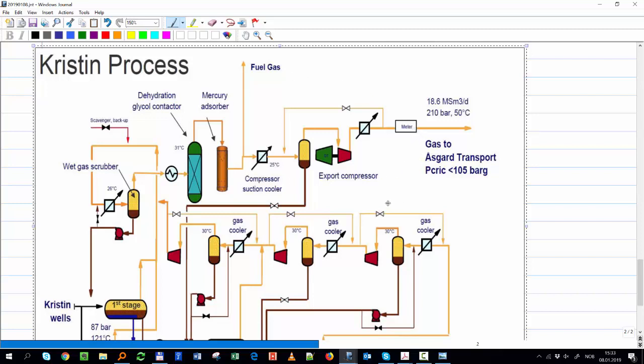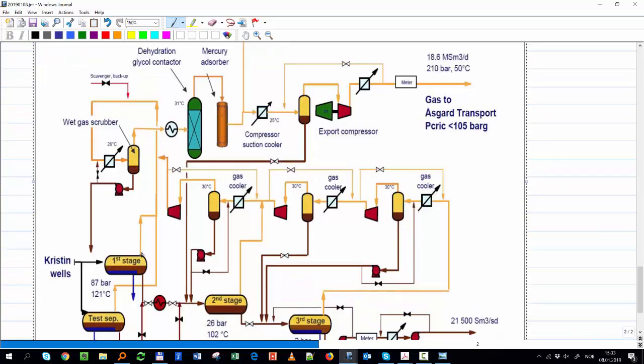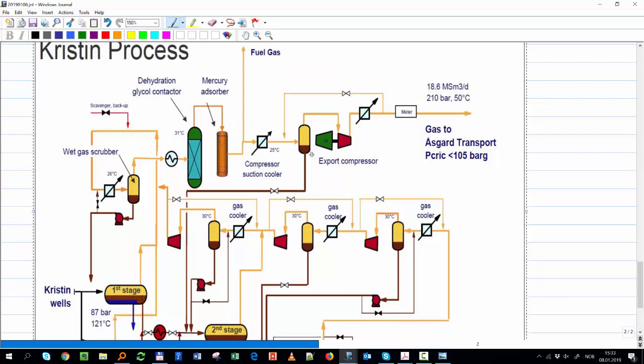In this case, I don't think I need a compressor here, because the pressure is quite high. It can go at that pressure straight to the dehydration.